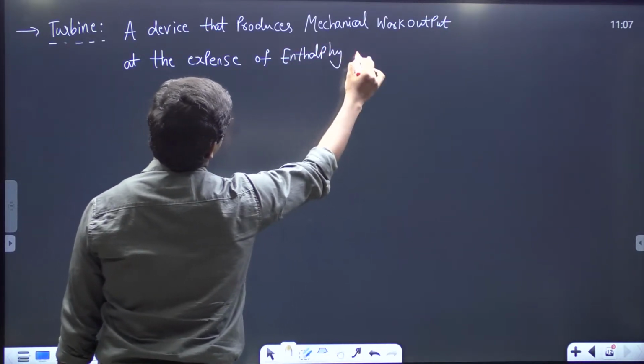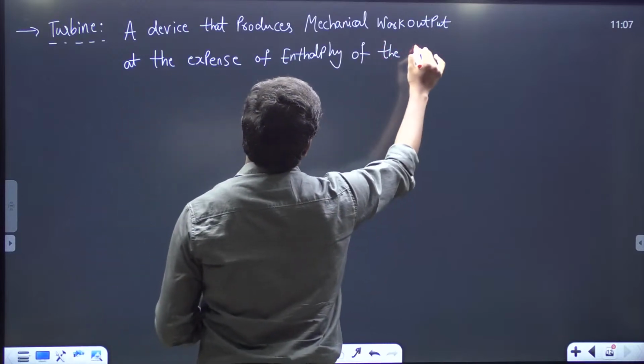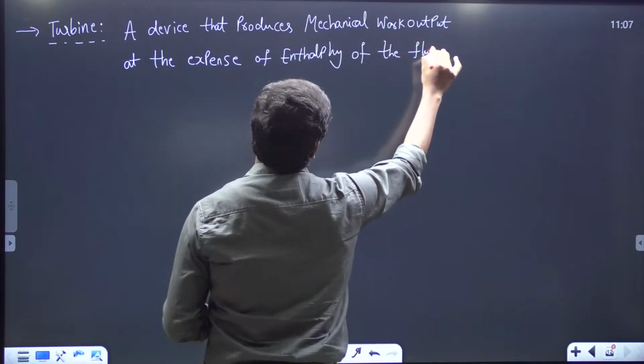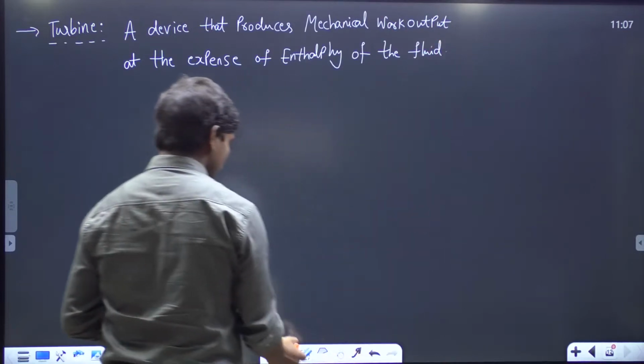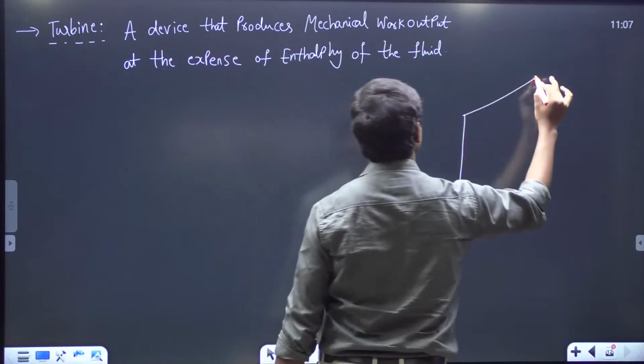Basically your enthalpy decreases and you will be getting some work output at the expense of the enthalpy of the fluid. A typical geometric diagram of a turbine could look something like this.